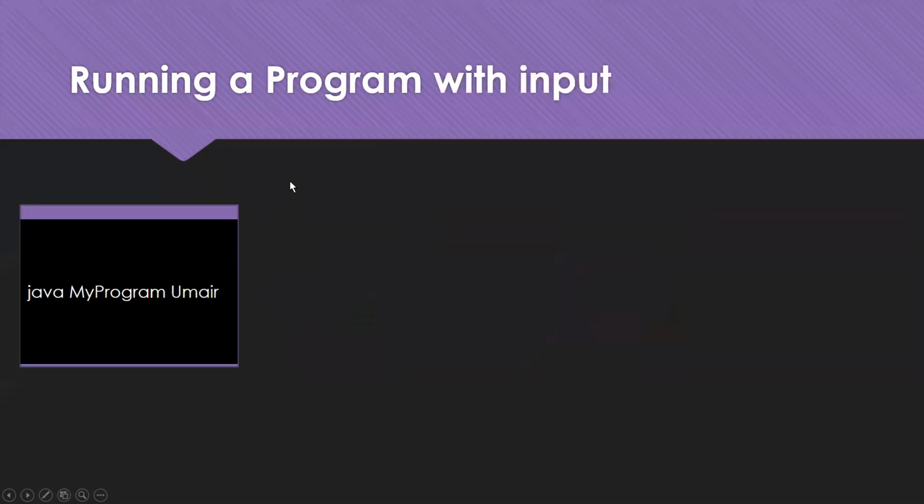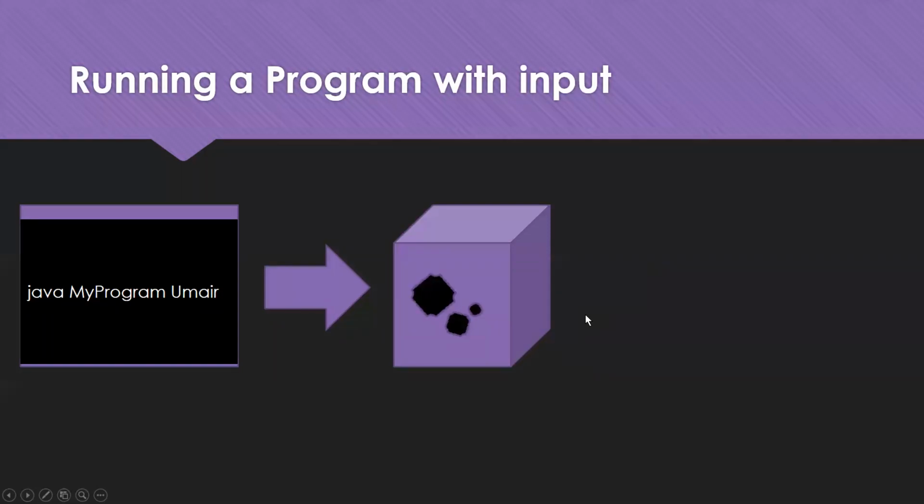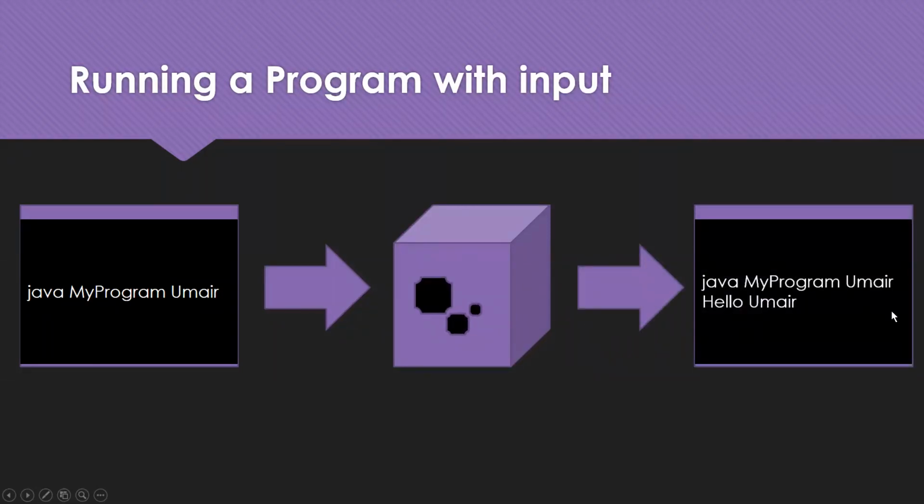So what command line argument does is that you are able to give some input to the program itself. You write java myprogram and you give any name, say Umair. It again does processing, and now instead of saying hello, it says hello Umair.